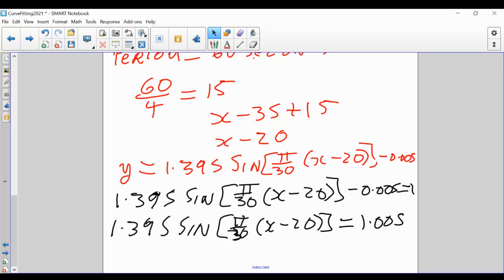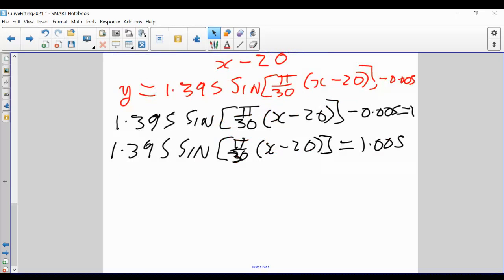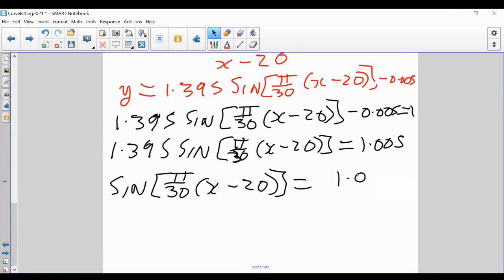Okay, so what happens next? Come on, walk me through that. We've done this before. Then divide both sides by the 1.395. Thank you, Brendan. So the sine of pi over 30 x minus 20 is equal to 1.005 divided by 1.395.